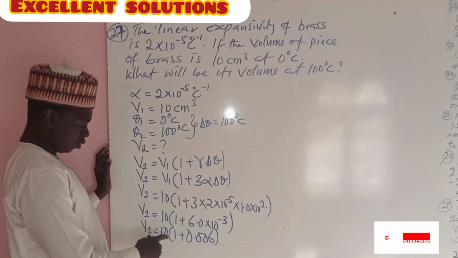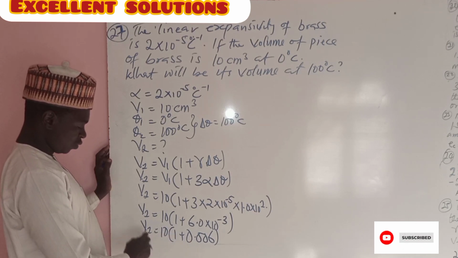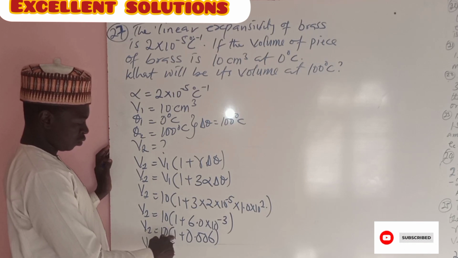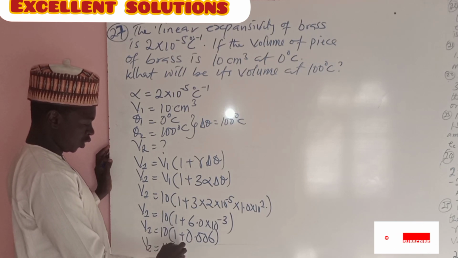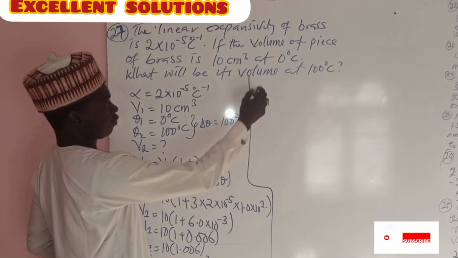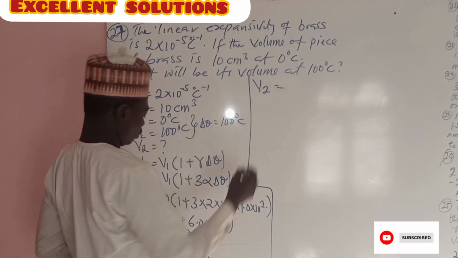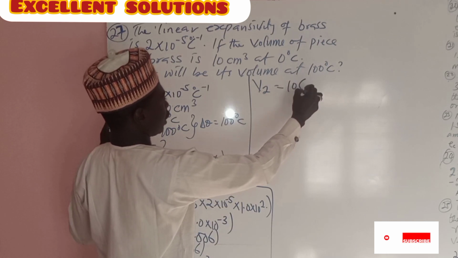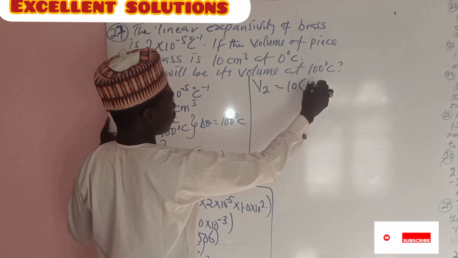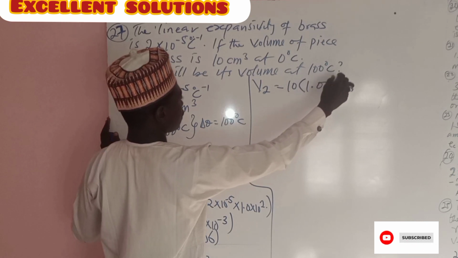So we have 1 plus 0, we have 1. So V2 equals 10 bracket open 1.006.